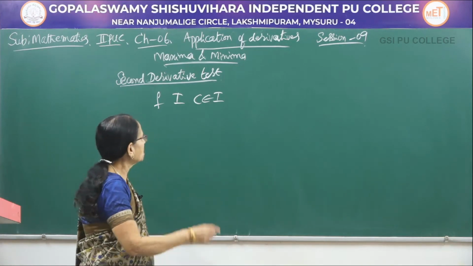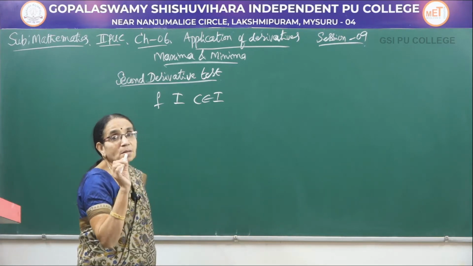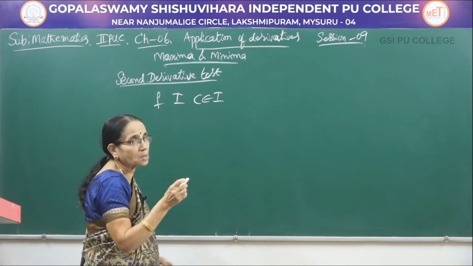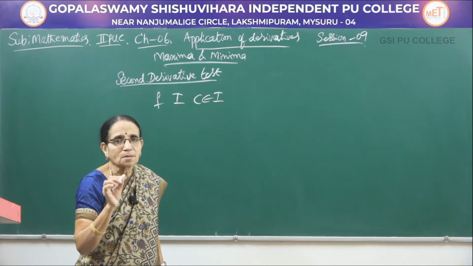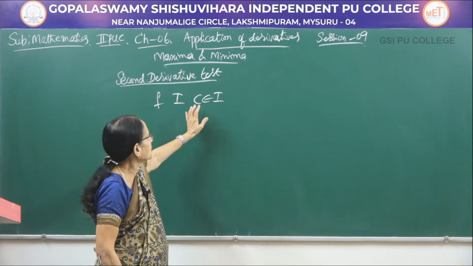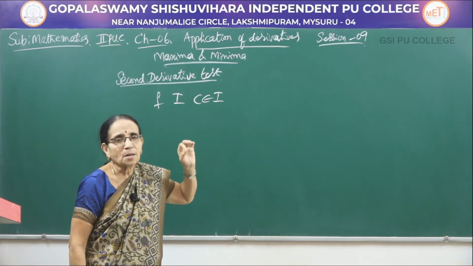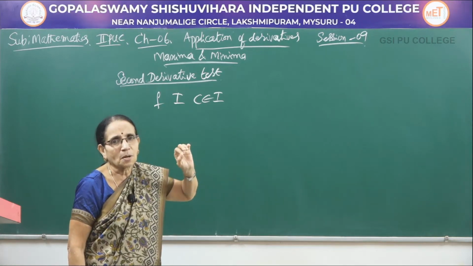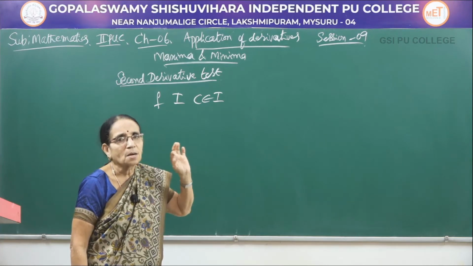Now, consider the function which is twice differentiable at the point C. In other words, f double dash C exists.